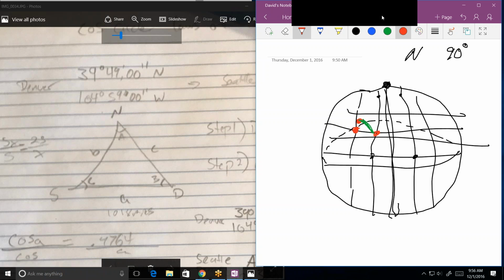In other words, if I draw my circumference lines like this, that's not 25,000 miles anymore. It's beginning to look like a pumpkin, isn't it? And the further I go up on the planet, the smaller that circumference becomes.